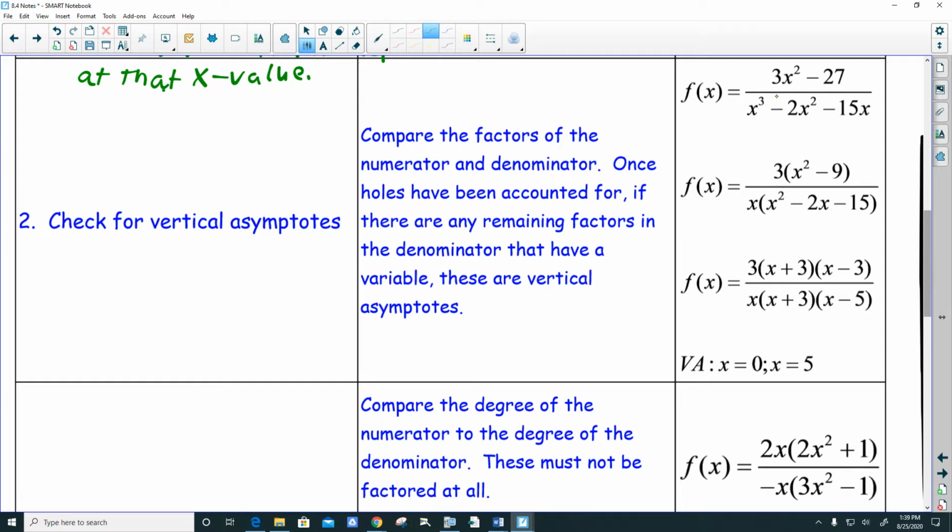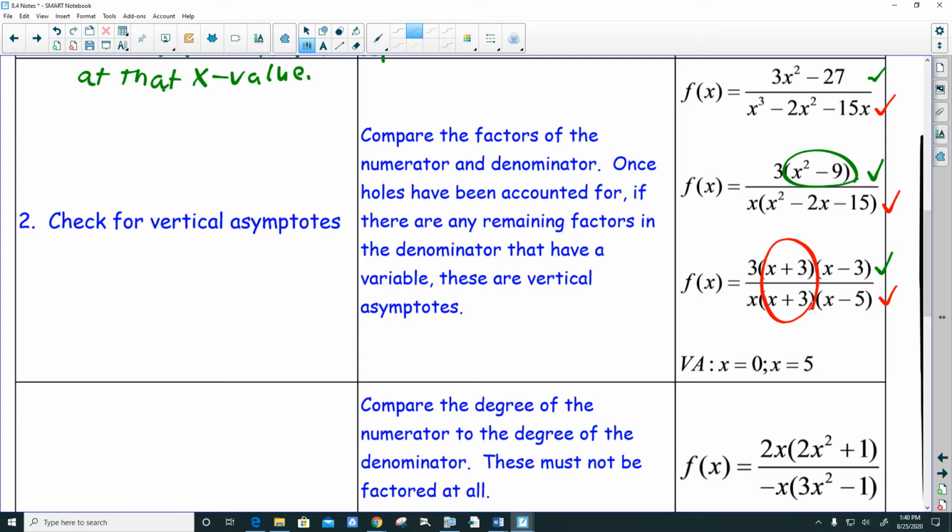I just want to look at this example here where it's talking about vertical asymptotes. Just to run through, factoring the numerator, you can see I pulled a GCF out and then factored that difference of 2 squares into this here. And looking at the denominator, I pulled a GCF out in x, and then we factored that trinomial down. Okay, I'm looking for holes. If I were going to identify holes, there would definitely be a hole right there where x equals -3.